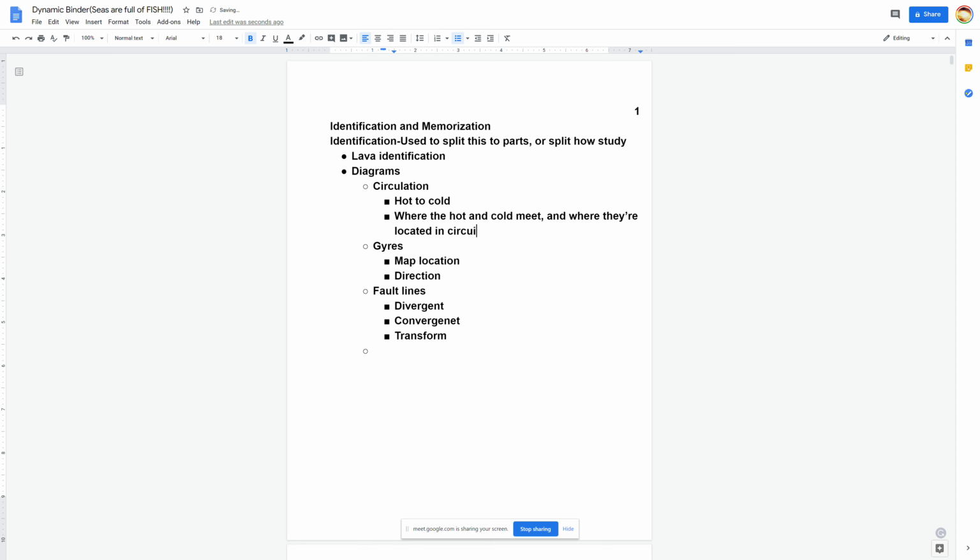It's not really easy to explain. A better way to explain this is, say there's the Gulf Stream. You want to know if it is bringing in hot or cold water.